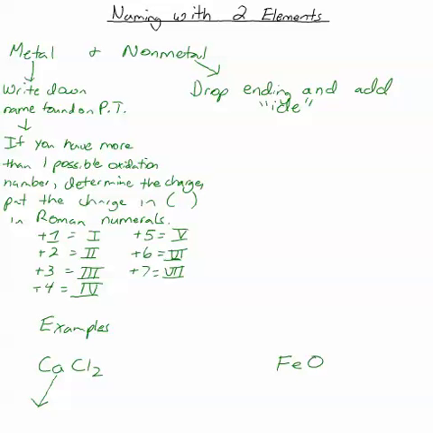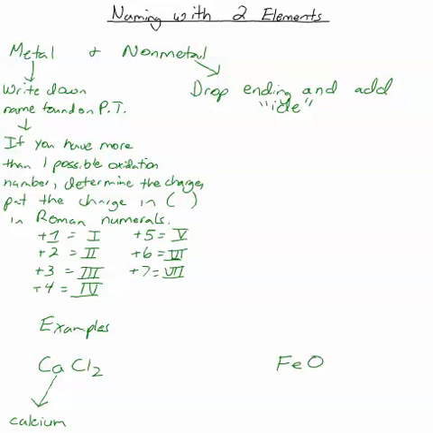You're supposed to write down the name found on the periodic table. So we write down calcium. Then we got to check. Look above calcium. Do you see more than one possible charge or just one? Well, when I look at it, I see just 2. So the charge is 2. That's it. There's no other possibilities. So just leave it as it is.